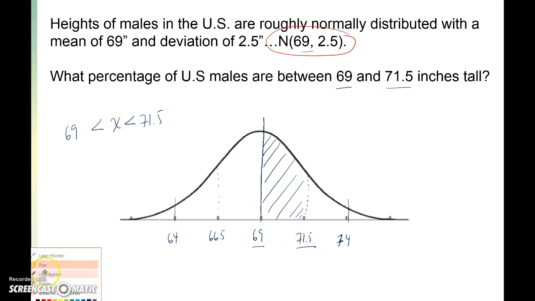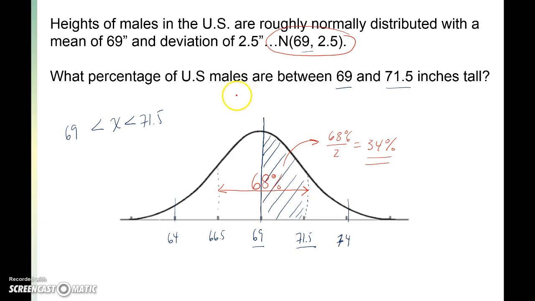So I can jump right to my empirical rule, or my 68% portion of that rule, and say that 68% of the data falls within one standard deviation. And what I'm looking for is exactly half of that. So this shaded region will be 68% divided by 2, again, due to symmetry. It gives me 34%. So approximately 34% of males would fall between 69 inches and 71.5 inches tall.